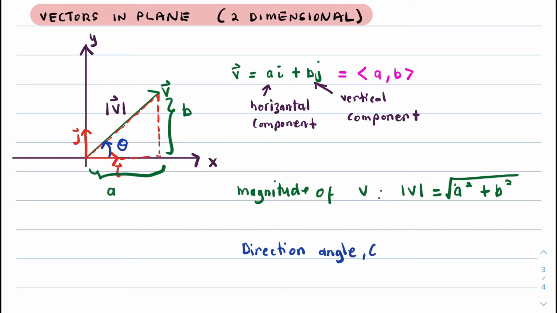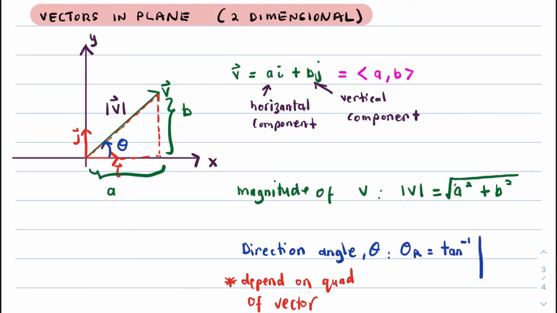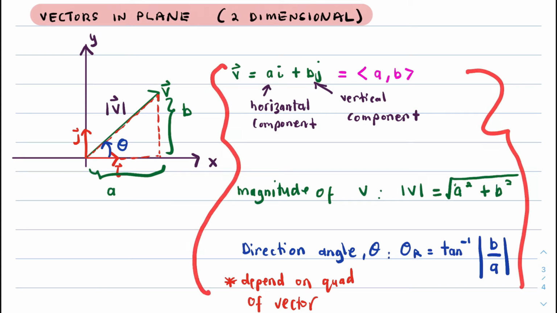Now again, your direction angle always depends on the quadrant of your vector. The angle that you can find over here is your reference angle, the acute angle, having the inverse tangent or arctangent of the y component, which is b over here, over the x component, which is a. This you have seen a lot of times already, so I hope you still remember.